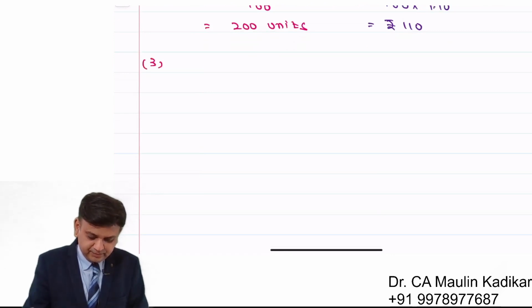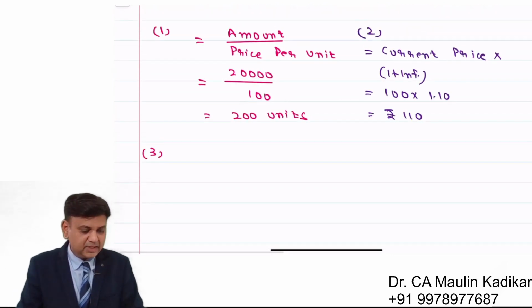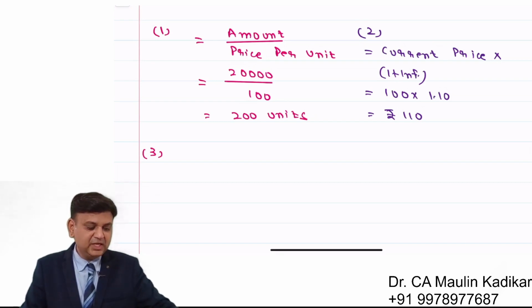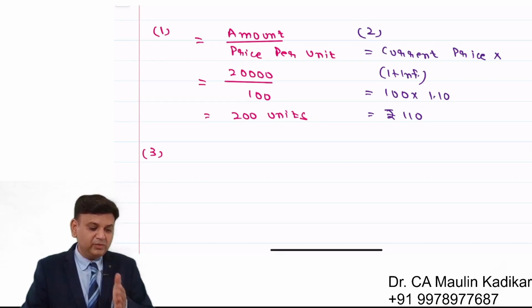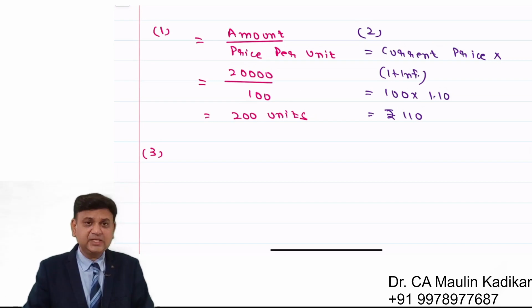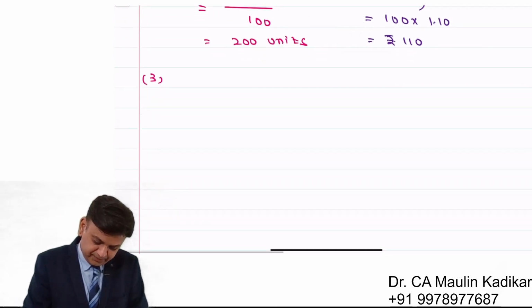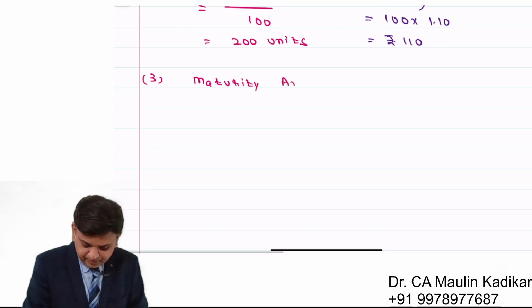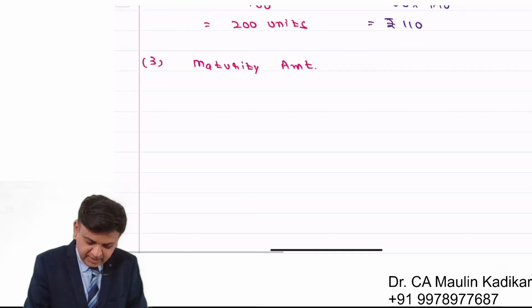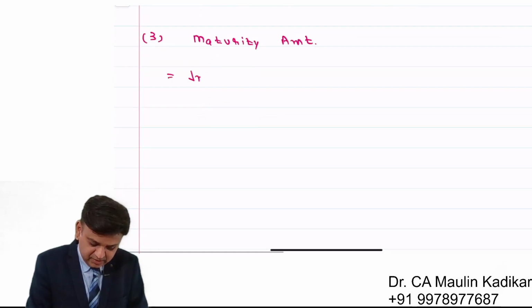Third, the question says that if Mr. ABC is investing 20,000 at the prevailing rate of interest, that is 33.10 percentage for 1 year, what will be the maturity amount of the deposit? So we understand that as far as the maturity amount is concerned, it can be calculated as investment into 1 plus rate of interest.